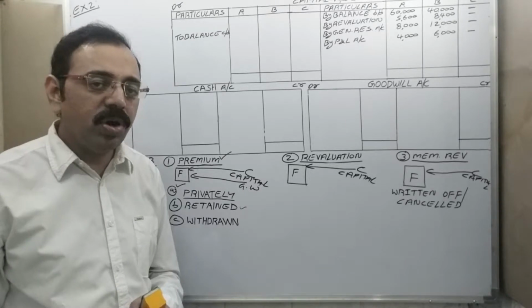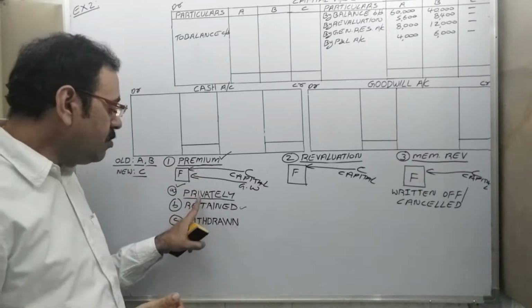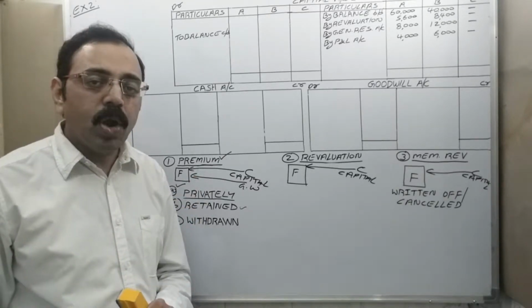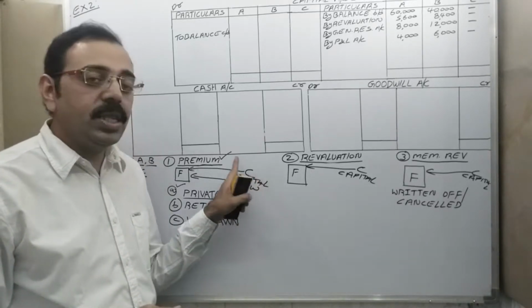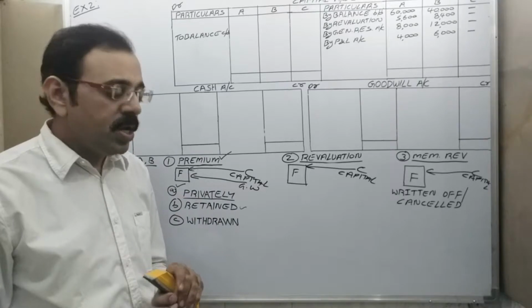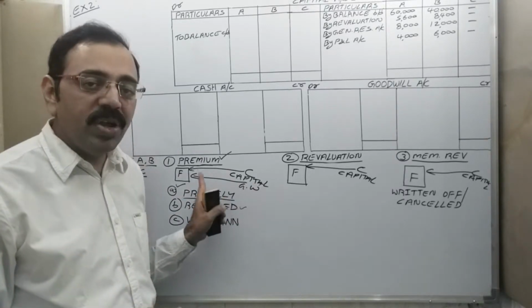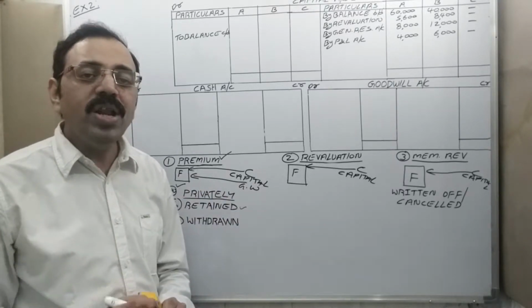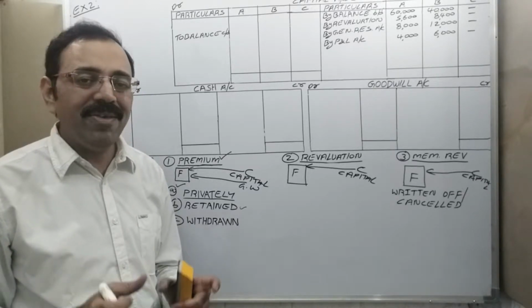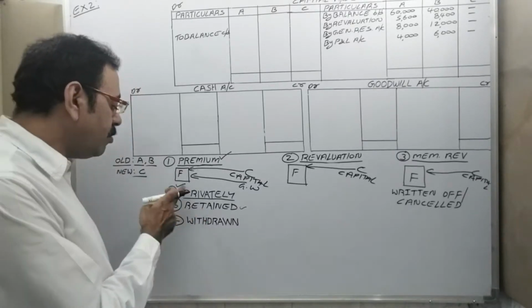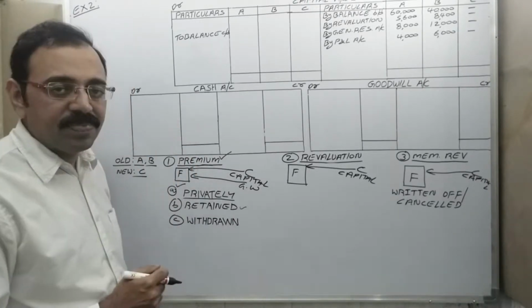We adjusted the goodwill according to premium A. Because how has he given? C has to bring 40,000 rupees capital, 20,000 rupees goodwill in the firm, and goodwill is to be paid privately. Since that word privately is given, we use premium A there.